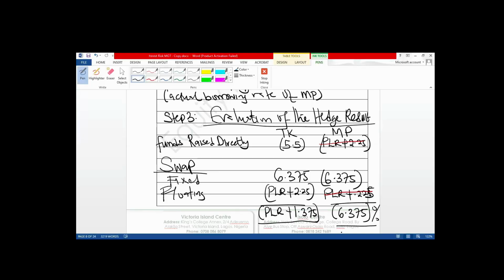If you look at it, MP we pay fixed rates, 6.375. TK we pay floating rates. If prime lending rate is falling consistently, obviously TK will pay a reduced borrowing cost.